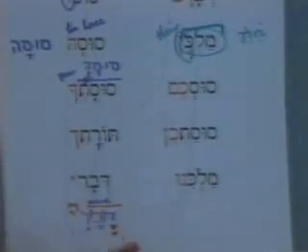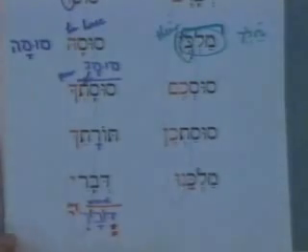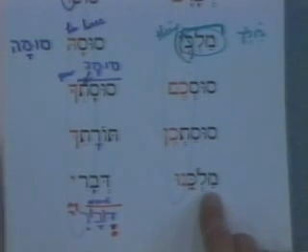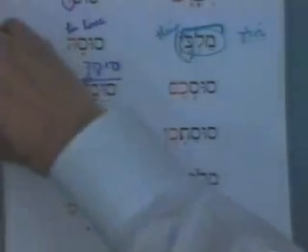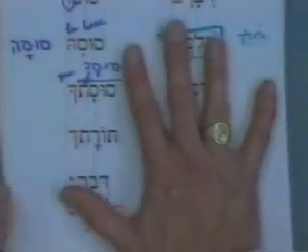Malkenu. Malkenu would be what? Our melech. Right? Our king. Now, I've set you up for the obvious next piece of information, correct? All these nouns are singular.